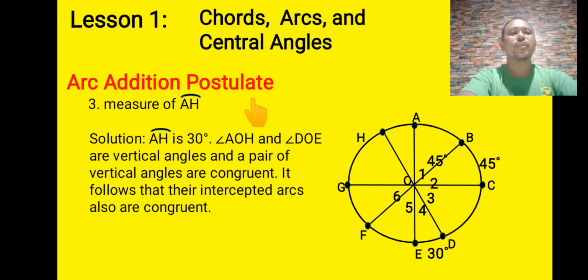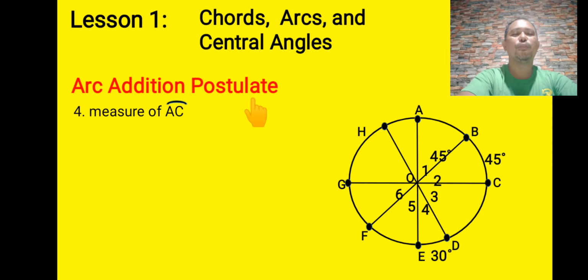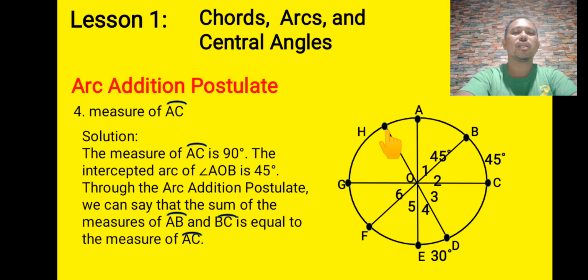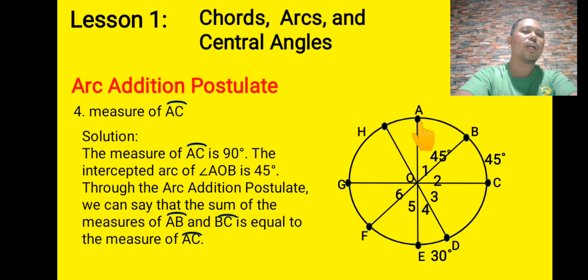Okay, so next number 4, measure of arc AH. So where is AH? It's here. So arc AH is rather EC. Sorry, it's EC. So arc EC is equal to arc EB and arc BC.